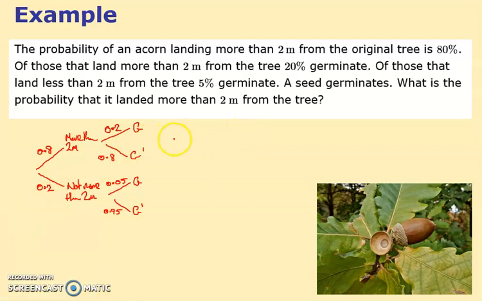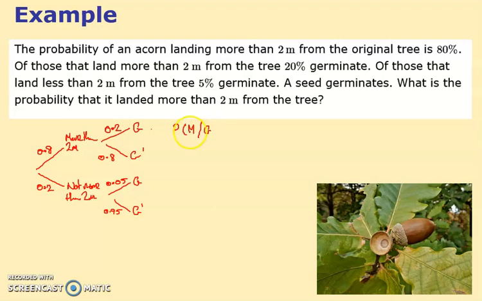So what's it say? What's the probability that it landed more than 2 meters from the tree? A seed germinates. Right. So what I think I need to do is I want the probability that it lands more than 2 meters from the tree, given the fact that it germinates.